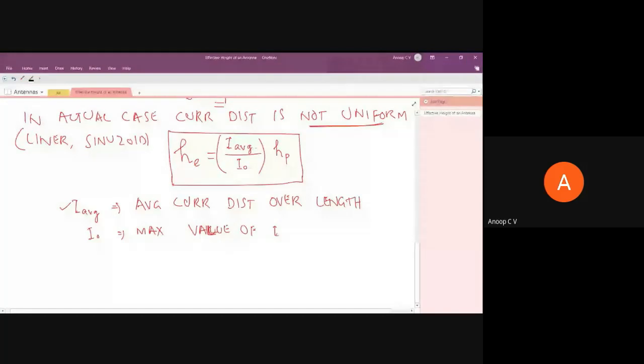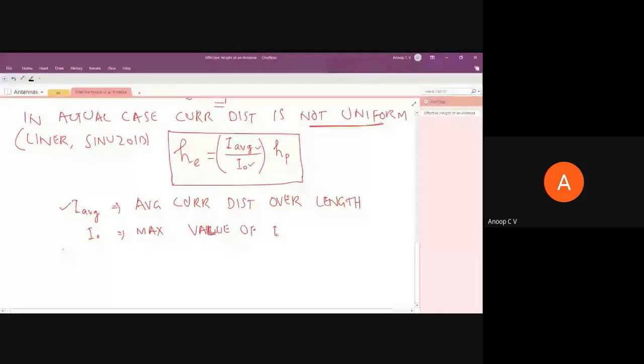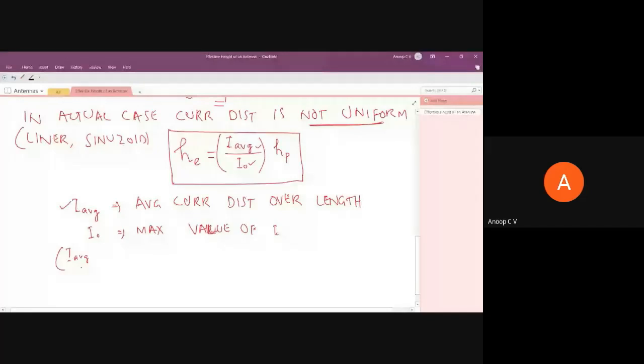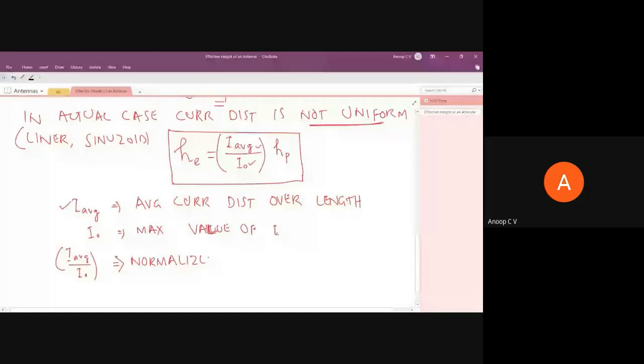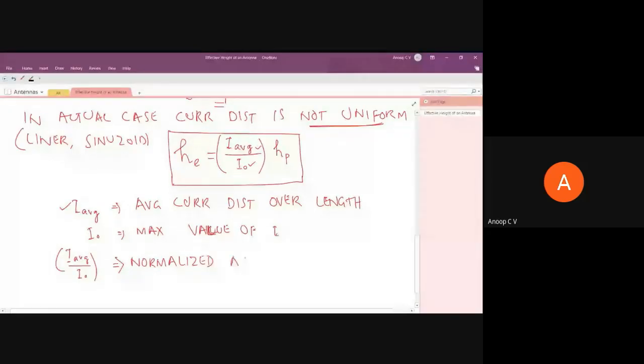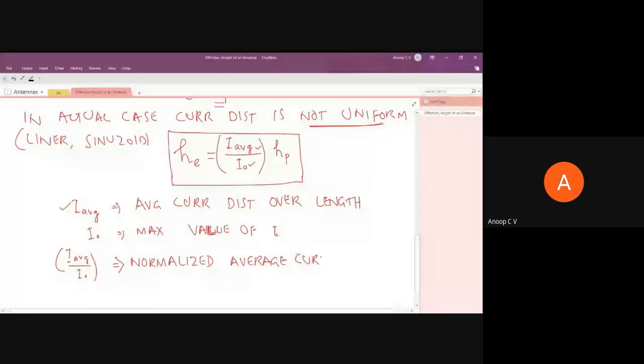So I average by I naught is the normalized average current distribution. What do you mean by normalizing? Dividing something by its maximum value. This term, I average by I naught, is called the normalized average current distribution.